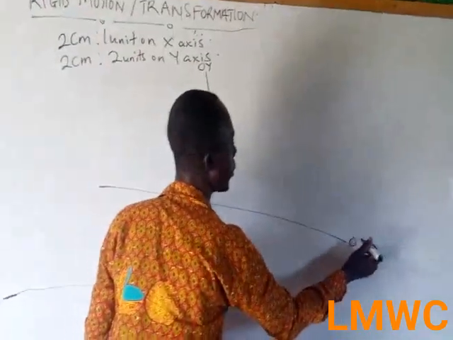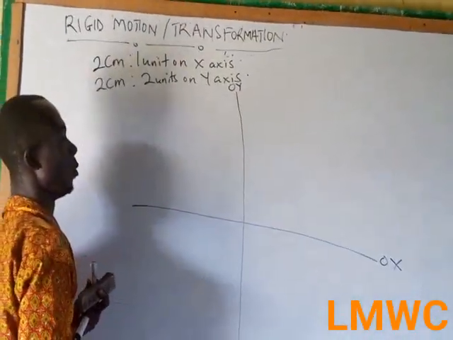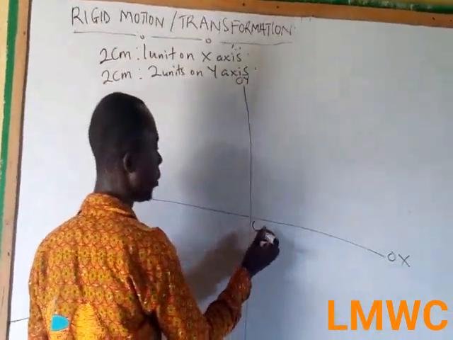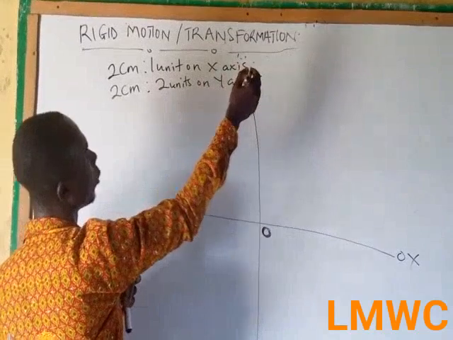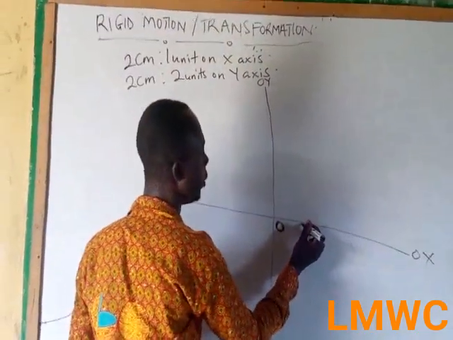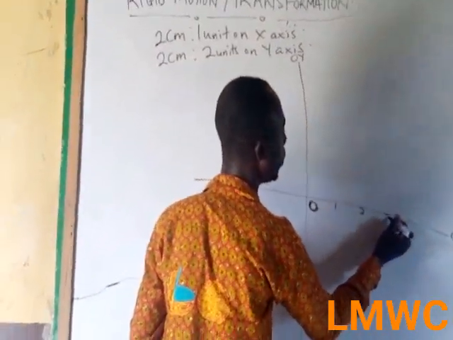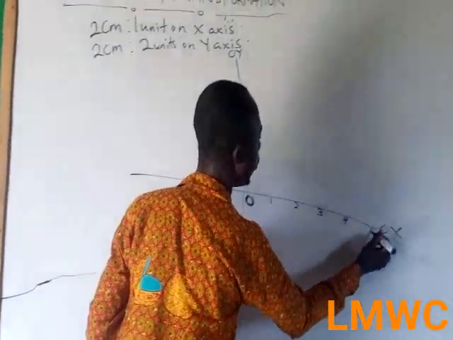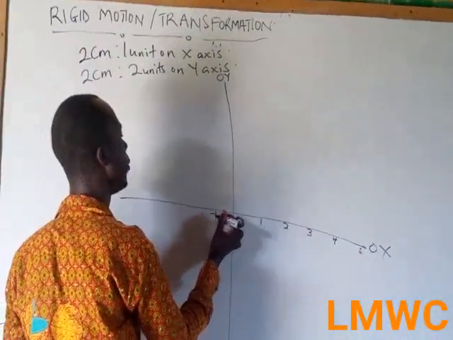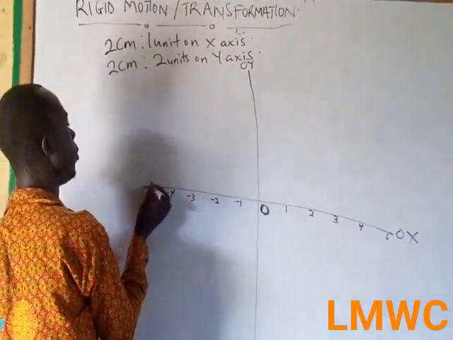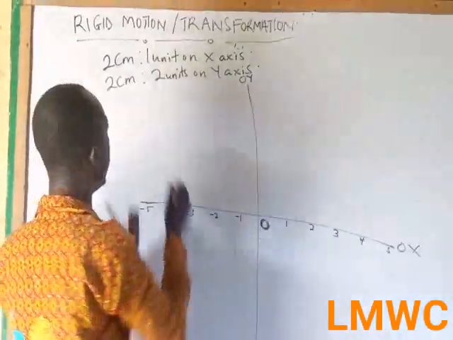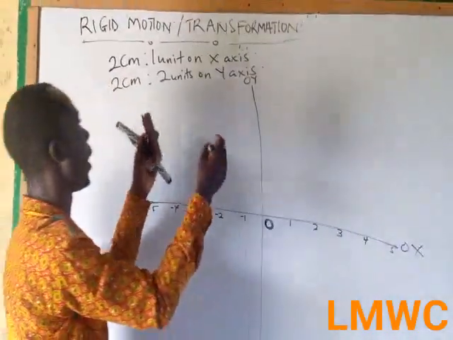This is OY, OX. It's very simple. The meeting point is O. 2 centimeters to 1 unit on the x-axis: this side will take 1, 2, 3, 4, 5, and here becomes -1, -2, -3, -4, -5. 2 centimeters to 2 units on the y-axis.